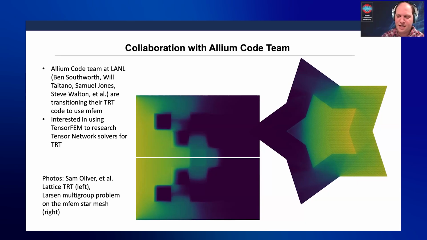So Zanio caught a question from Ben randomly, and then pointed him to the research that we just started, where we're going to be looking at using TensorFEM to solve these problems. So for example, here again is the lattice problem. This is a different variation of the lattice problem, and this is Larson multigroup on the famous MFEM star mesh. So obviously that will require a coordinate transform as well, but in the tensorized form.